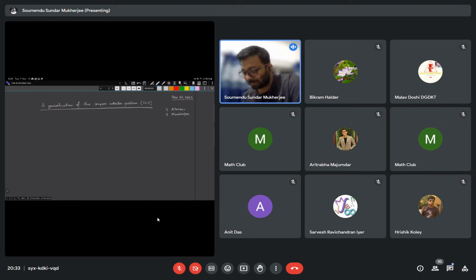Suppose you have a bunch of coupons which are numbered, which I'll denote by these circles, and I'll number them 1 to n. Suppose you have a person who is after these coupons; he wants to collect all of them. At each round, he will draw one of these coupons at random.